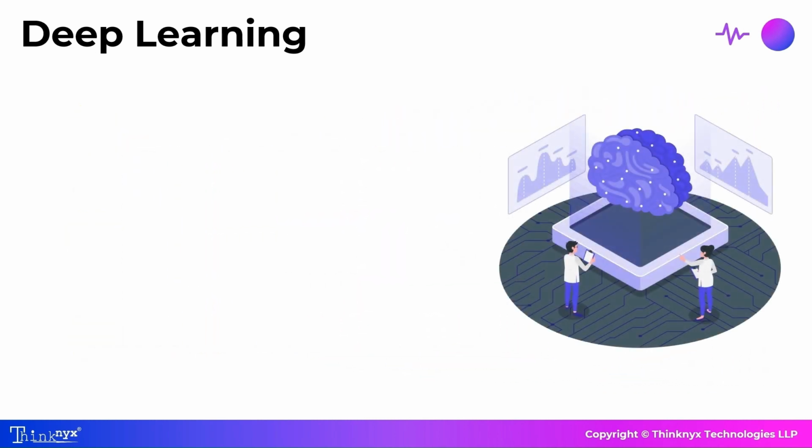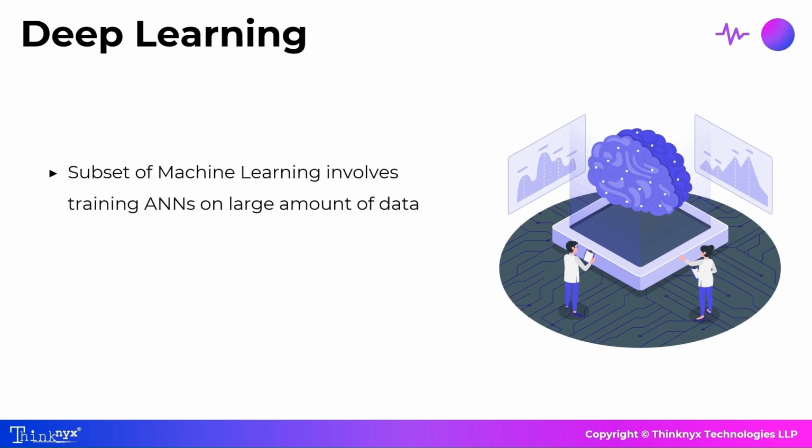At its core, deep learning is a subset of machine learning that involves training artificial neural networks on vast amounts of data, and machine learning itself is a subset of artificial intelligence that involves the development of algorithms and models, as discussed in previous sections.